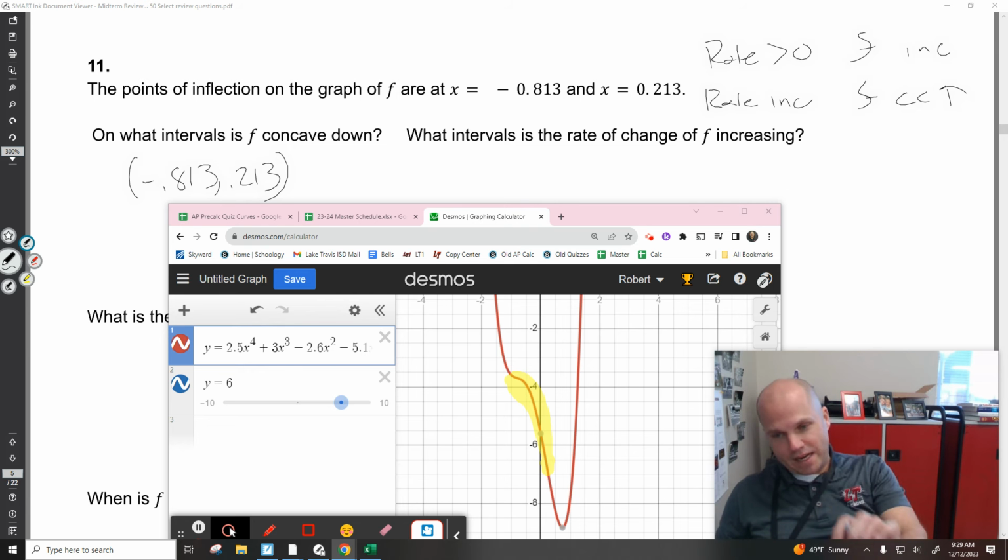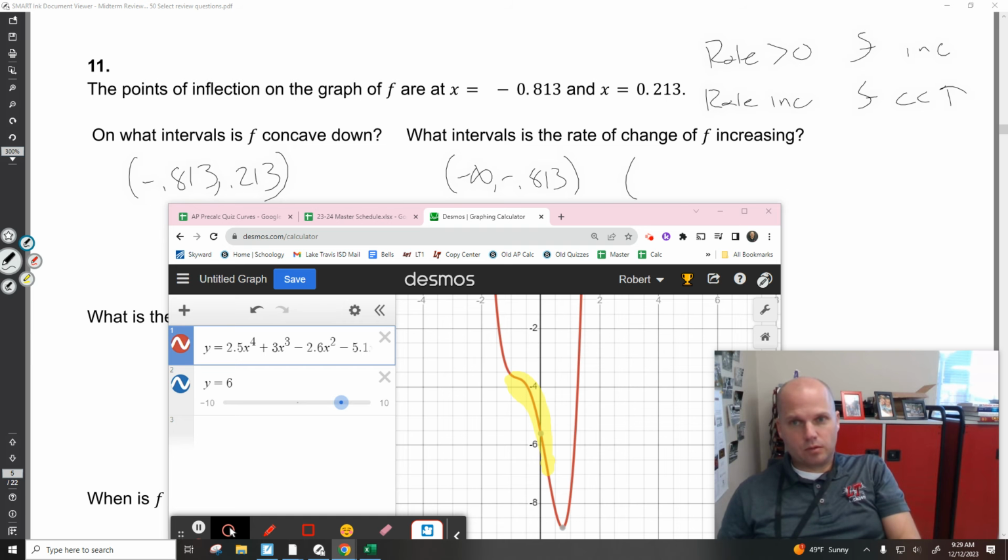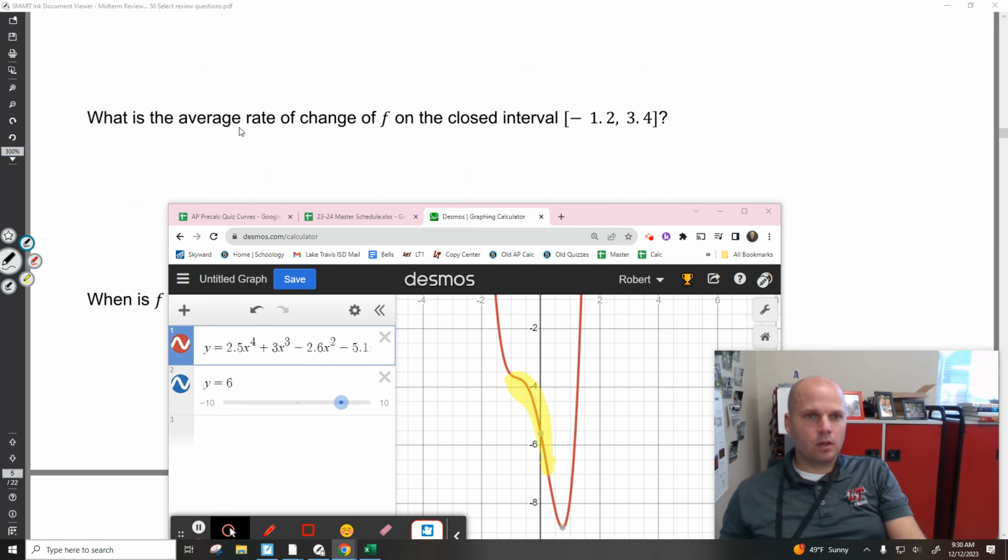When the rate is increasing is when the function is concave up. These rates, -5, -4, -3, -2, -1, are increasing. So from negative infinity to -0.813, we are concave up. My rates are increasing. And then from 0.213 to infinity, so the rest of the interval.